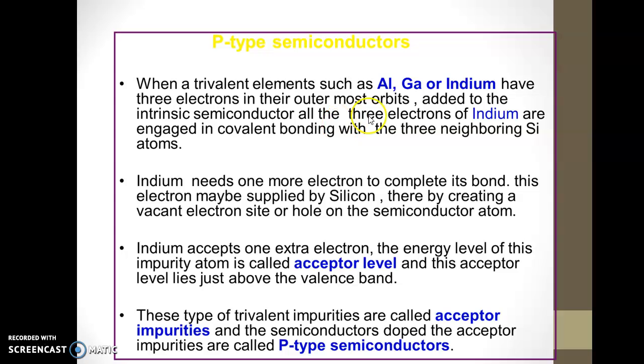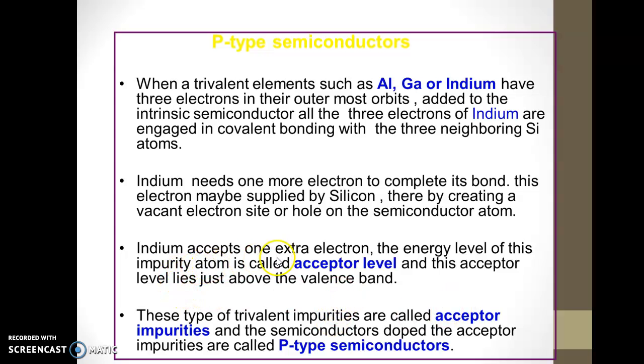Whereas P-type semiconductors involve trivalent elements like aluminum, gallium, and indium, which have 3 electrons in their outermost orbitals, added to the intrinsic semiconductor. All the 3 electrons of the indium are engaged in covalent bonding with the 3 neighboring silicon atoms, and they need one more electron to complete the bond. This electron may be supplied by silicon, thereby creating a vacant electron site or hole in the semiconductor atom.